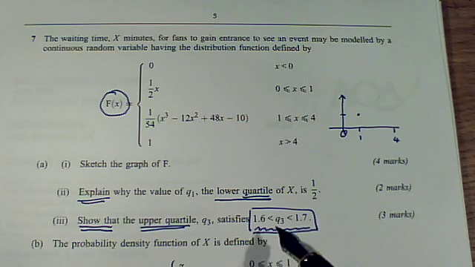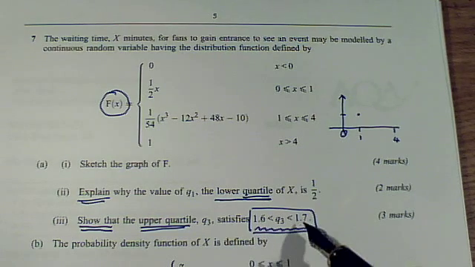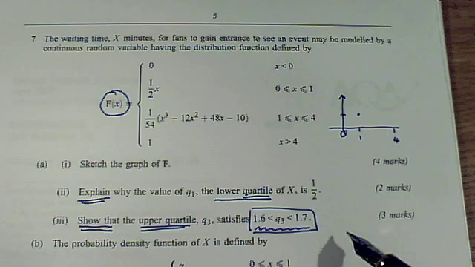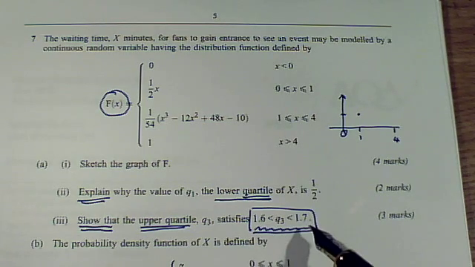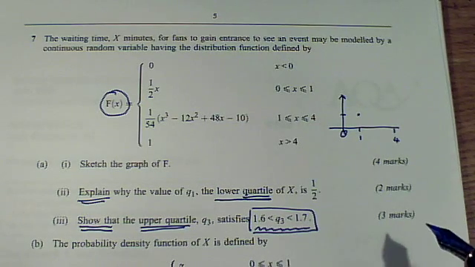Or you can just do a more direct approach by showing that 1.6 is a bit too low. So the probability of 1.6 or less isn't quite big enough, and the probability of 1.7 is a bit too big, and state what the value needs to be. You can get away with just substituting 1.6 and 1.7 into the correct equation and comparing with what you want the answer to be. If you're convincing in the way you express that, you should be able to get those 3 marks.